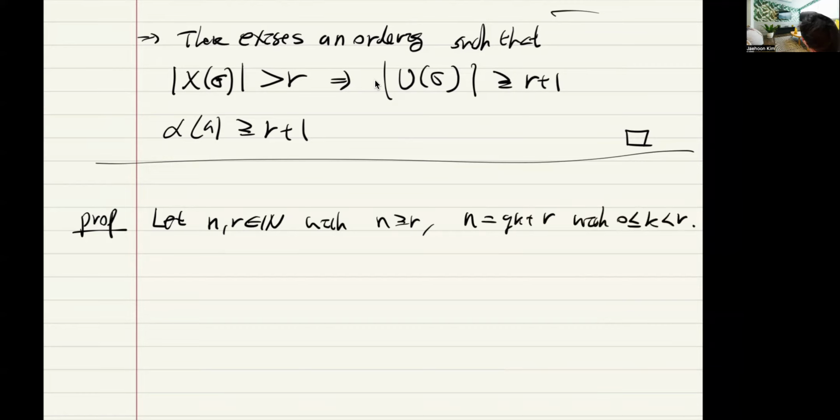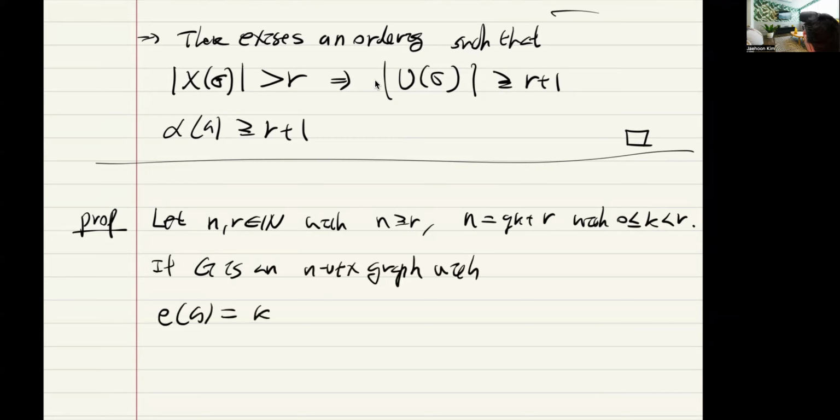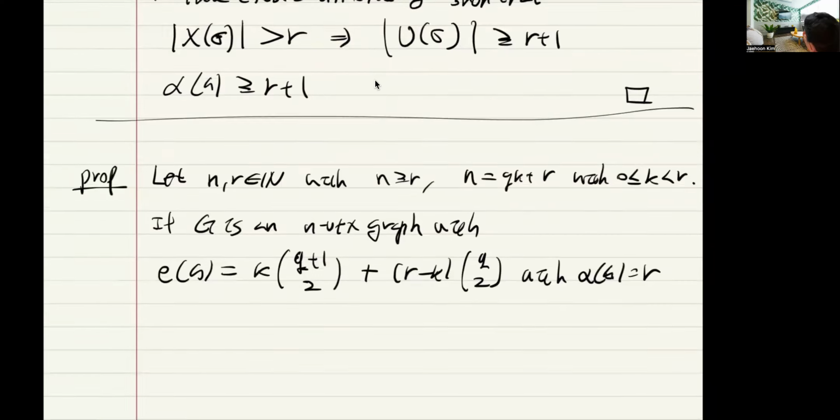And if G is an n vertex graph with equality. Before this was strictly inequality, but now you have equality. And let's say alpha of G is r.